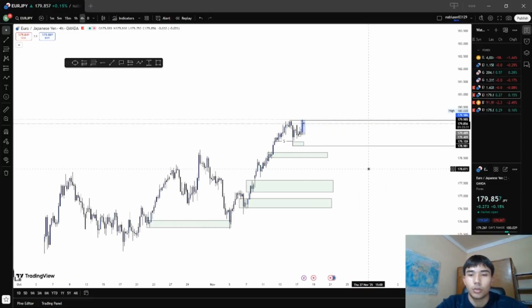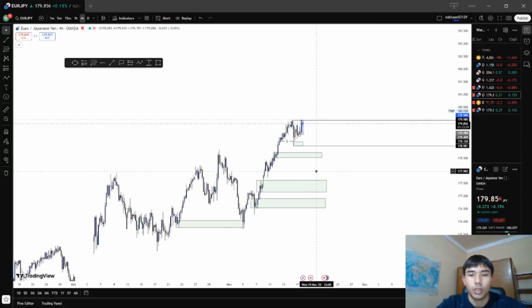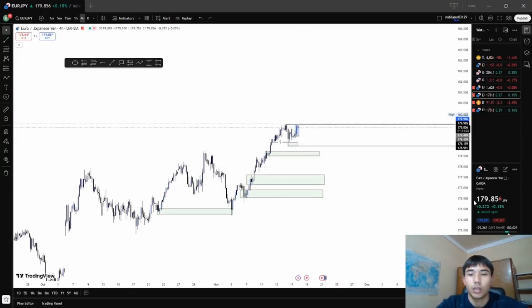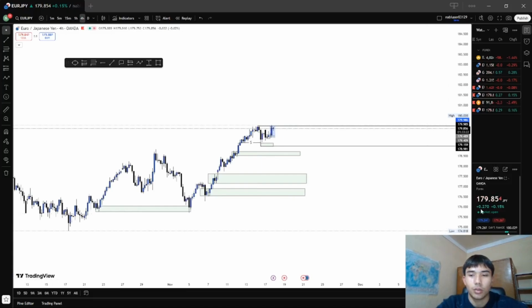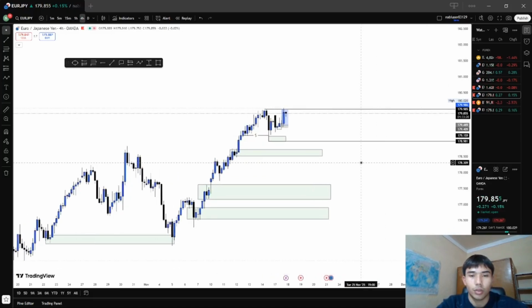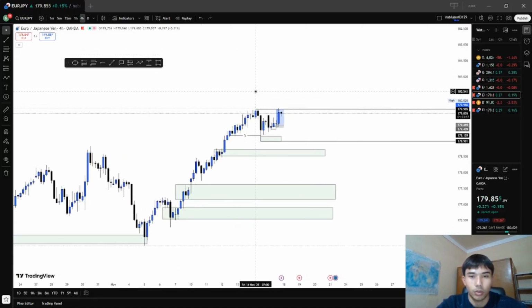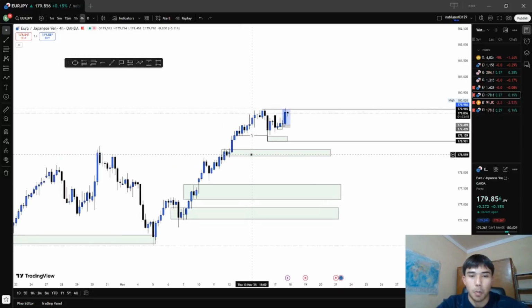We don't really need to mark out our supply zones. Supply zones are only needed to mark out our TP. So we're looking for a point of interest, a perfect entry point, so we're looking mainly for demand zones.